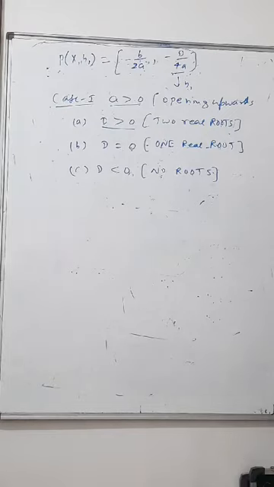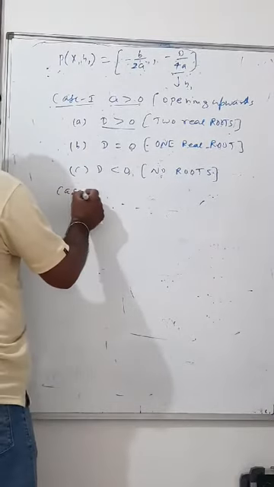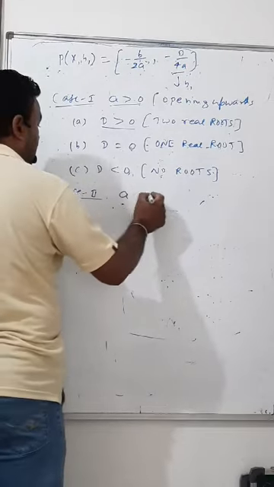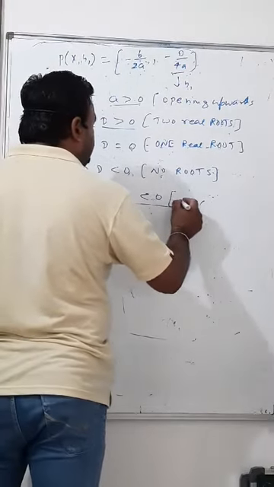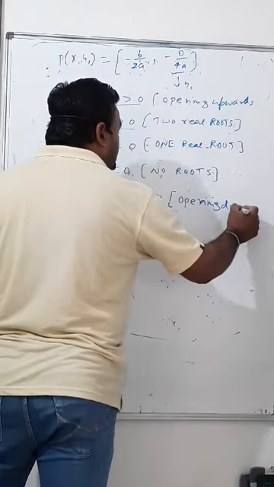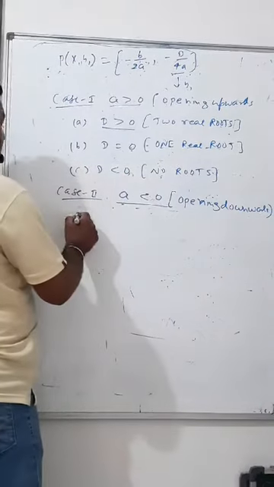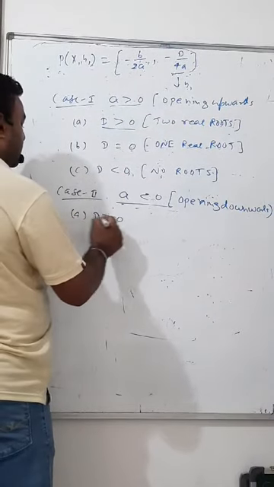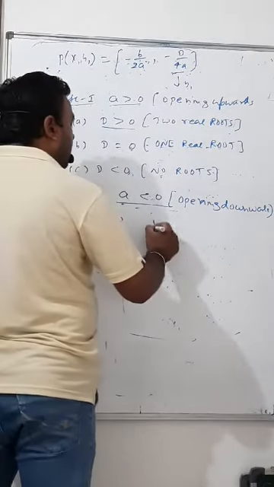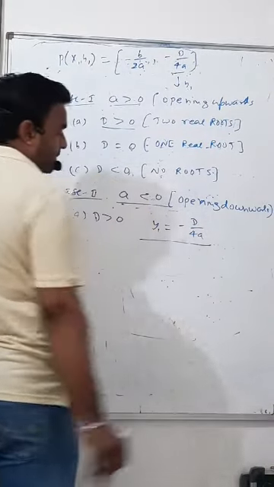The same thing we can think about for the second case. If a is less than 0, opening downwards, and I make this discussion for d greater than 0, then again y1 equals minus d by 4a.